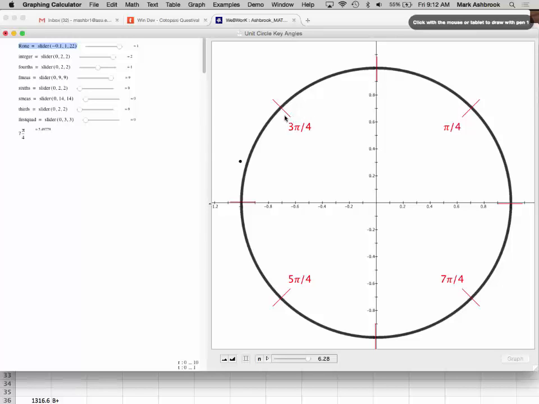Then 3 pi over 4, then 4 pi over 4, pi. 5 pi over 4, 6 pi over 4, 1.5 pi, right? 7 pi over 4, then 8 pi over 4. Okay, so doing that, we get 4 new angles, the ones that split each quadrant exactly in half. Okay, and then we can do the same thing here.